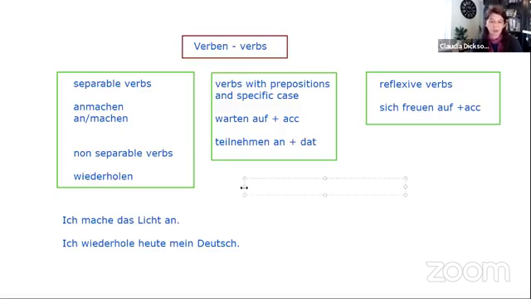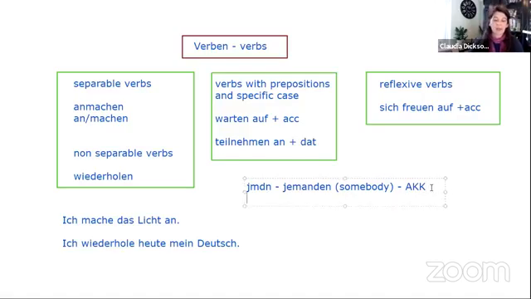So for the warten auf, we had the JMDN. JMDN stands for jemanden. Jemanden means somebody, and because it ends on the DEN, it is the accusative.